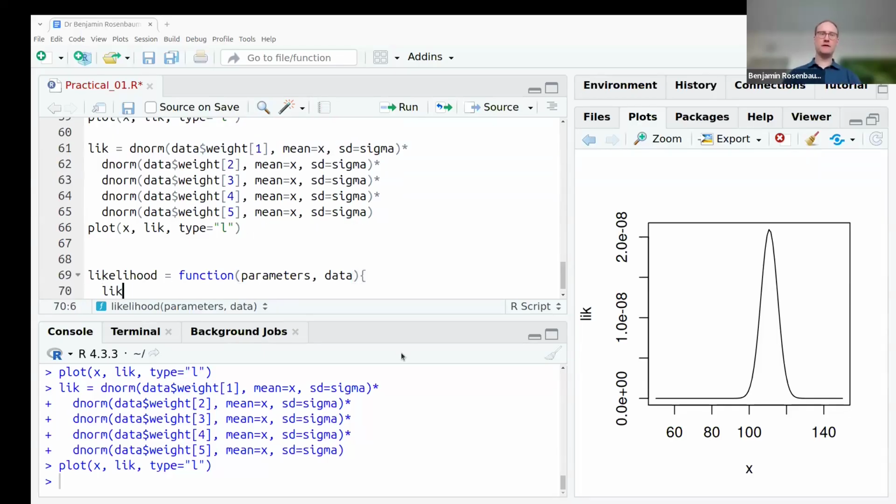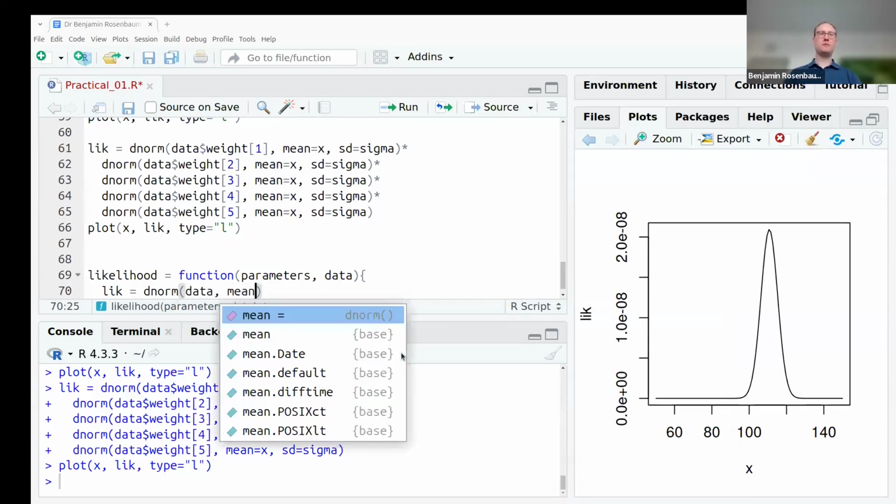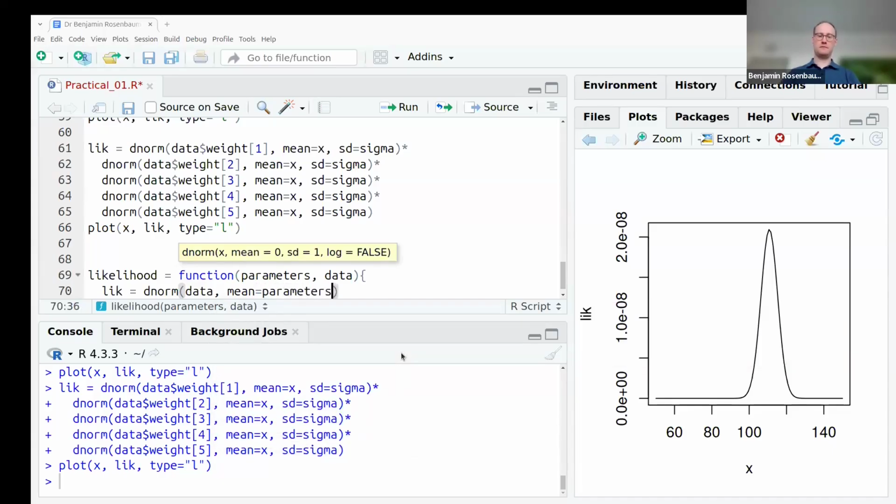And here the likelihood function, or the log likelihood function, is just a normal distribution of all the data. And the mean is my first parameter, and the SD is the second parameter.